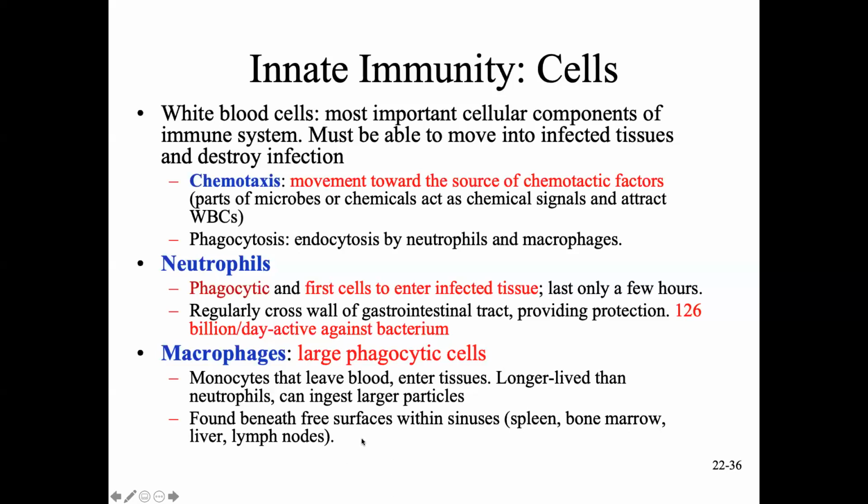Same thing here, right? Now, when we find macrophages in our skin, they have a specific name, Langerhans cells. When you find macrophages in your brain, in your central nervous system, we call them microglial cells. When you find them in the liver, we call them Kupffer cells. So all of those are types of macrophages though, and they do the same thing. It's just that they have a slightly different name based on location.